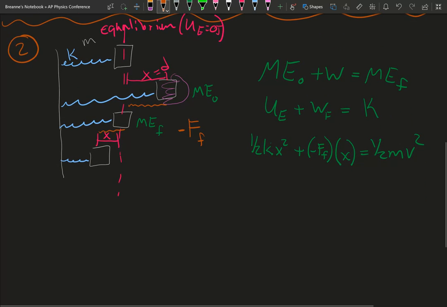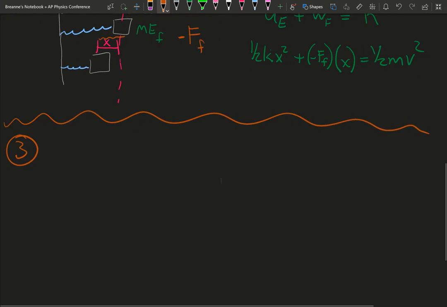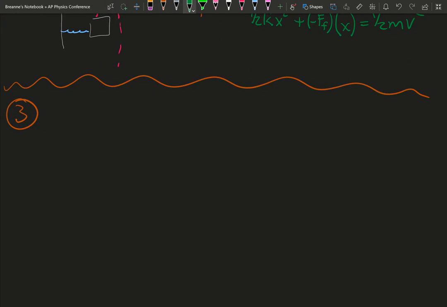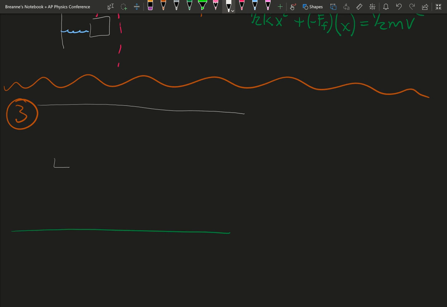Our third one is the fun, complicated one that involves everything. Give me a minute to set it up. So we have ground here and a ceiling here. Mass starting here, mass here, mass here, mass here.